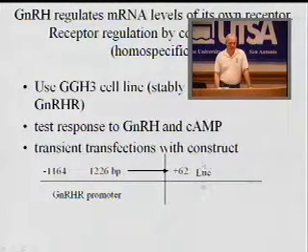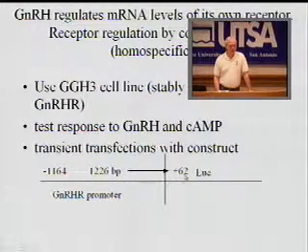In this case, it was the luciferase reporter gene, and they used a 1,226 base pair portion of the promoter out to the plus 62 point. And obviously we're looking at transient transfections with this construct into the GGH3 cells.